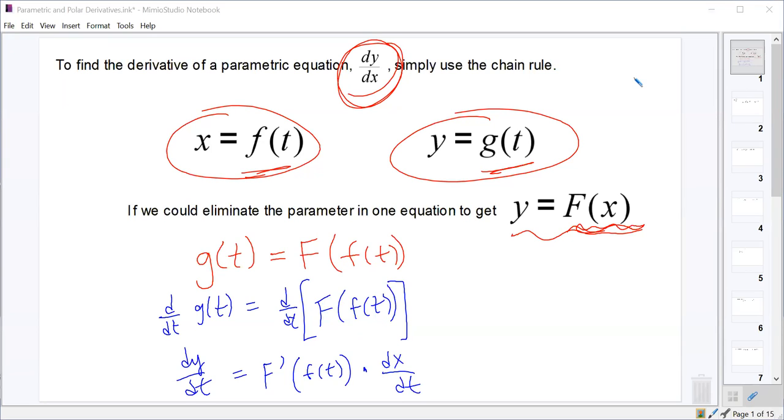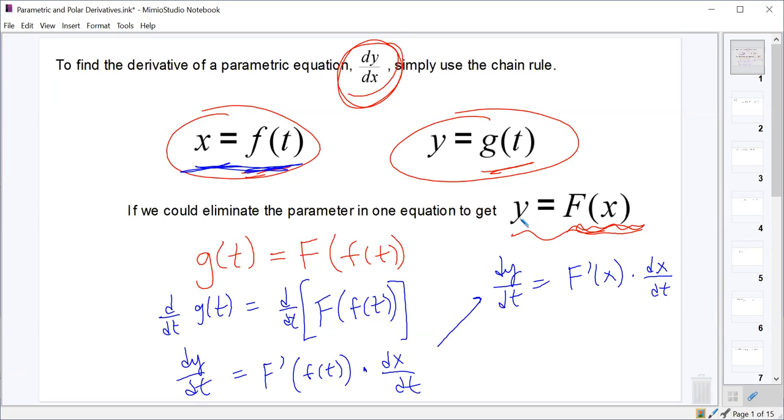And if I go back through here, what is f of t? F of t is just x. So this becomes capital F prime of x times dx dt. Well, what's capital F prime of x?